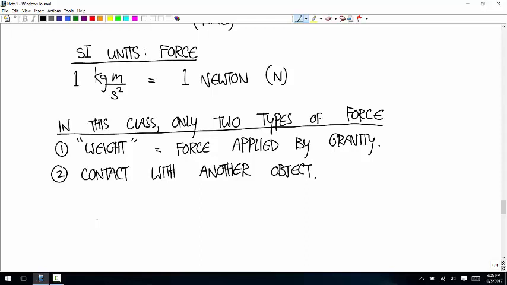Well, we're going to see that the weight, the force that gravity applies to an object, is dependent on the mass. And so as long as you know what gravity's relationship is to mass, you can figure out what the mass must be based on the force that's applied.